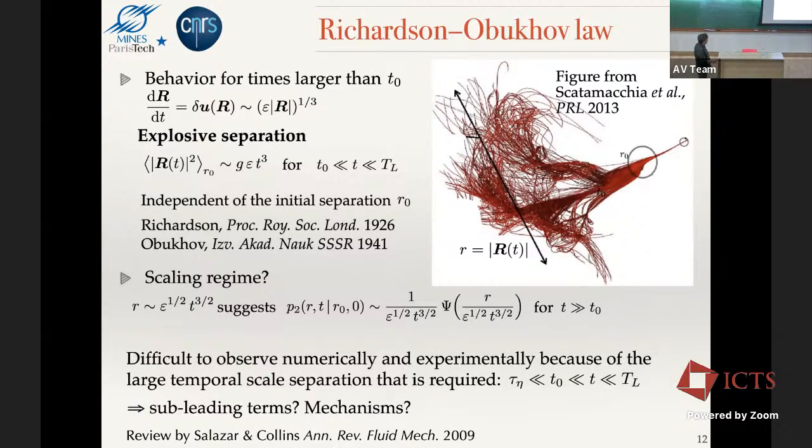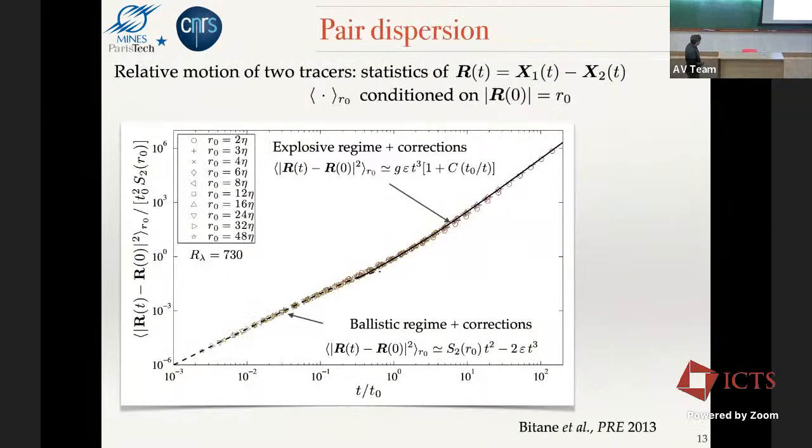Then you need this time to be bigger than the end of your ballistic regime. And then you also need the ballistic regime time to be much larger than the Kolmogorov time, the small scale. So you need maybe a factor 1,000 between tau eta and tau L in order to see something. At least 1,000.